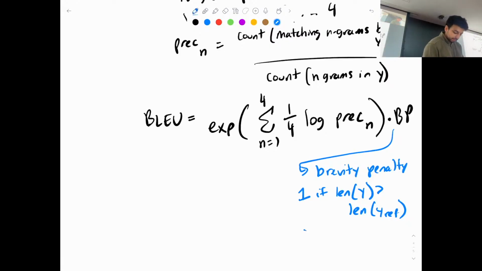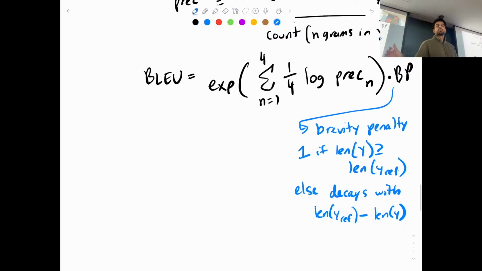And it decays if the length of the candidate is less than the length of the reference. This brevity penalty decays with the difference in the length, yref minus y.